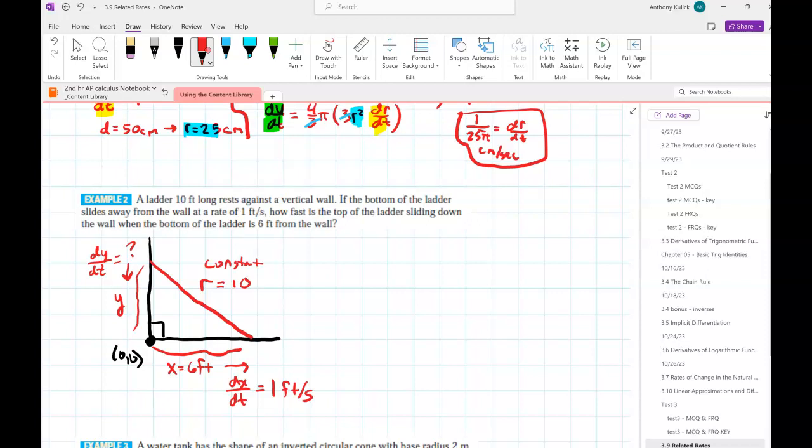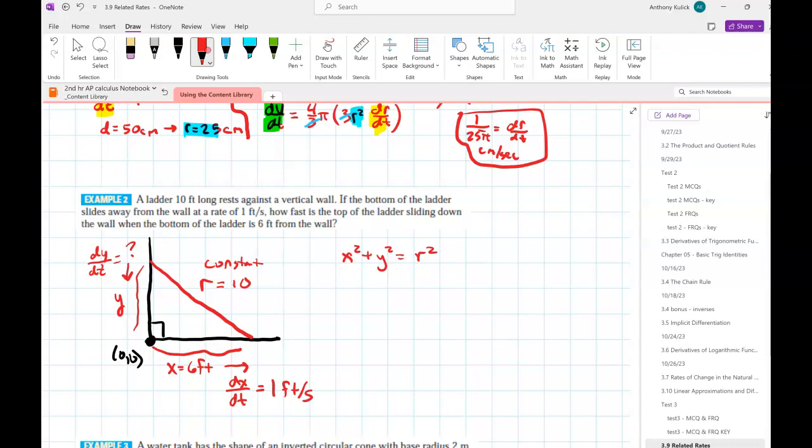What equation can we write that relates the information going on in this problem? Yes, good. The Pythagorean theorem, right? x squared plus y squared equals r squared.